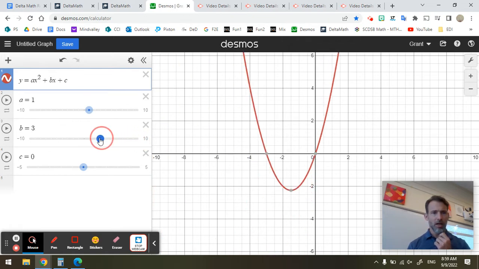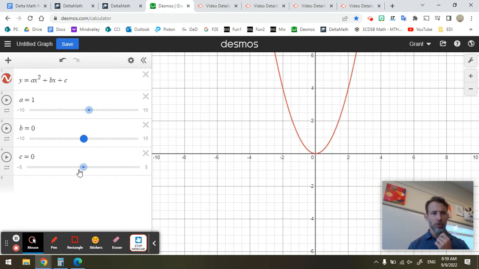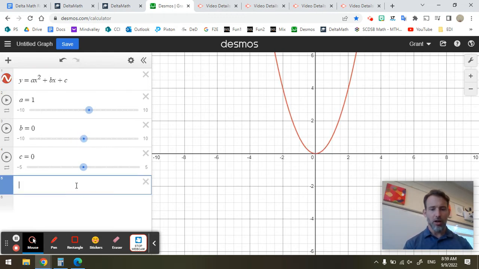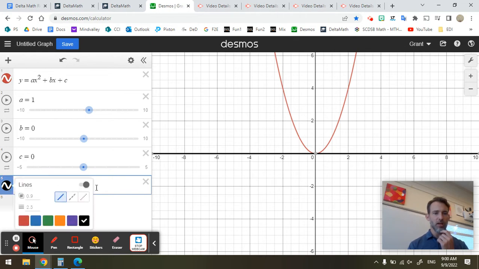I'm going to add one more tool to help our visualization here: y equals bx plus c. There we go. So here is the line in black, y is equal to bx plus c. The value of b and c is going to change along with this parabola as I move the slider.